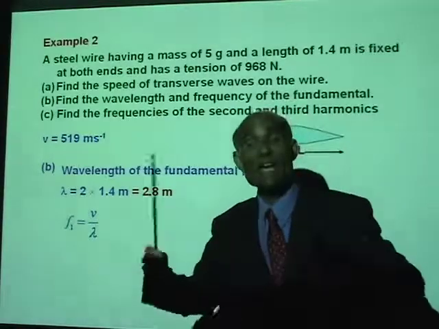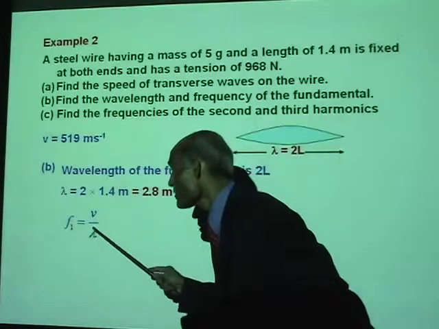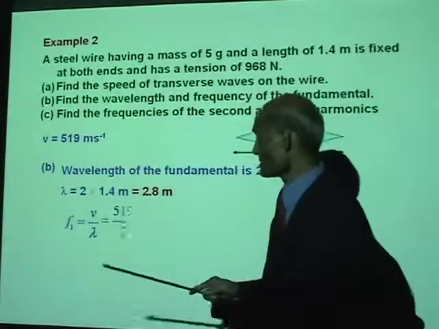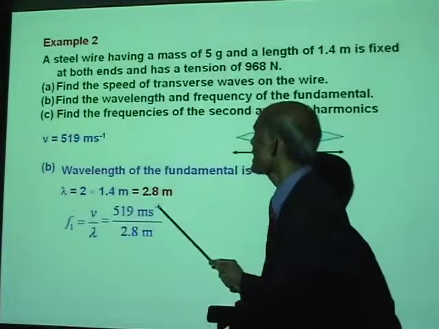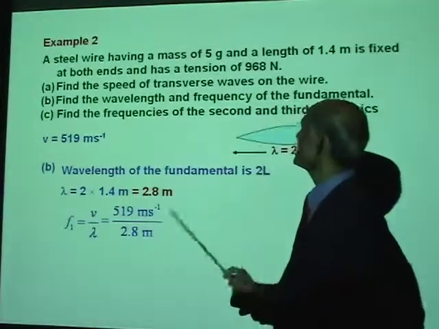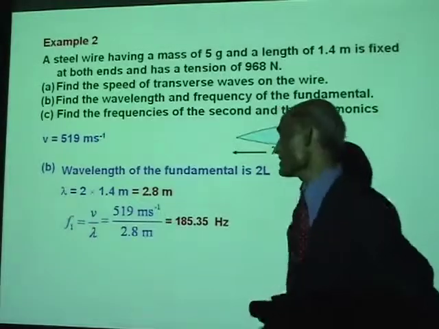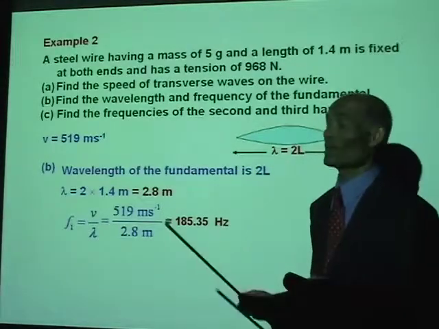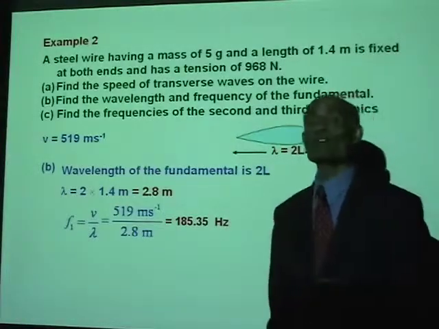Well, the frequency of any vibration is V over lambda, but it becomes the fundamental when lambda equals 2L. So in this case, it will be 519 meters per second, and lambda equal to 2L is 2.8 meter, and therefore the fundamental frequency is 185.35 Hertz.